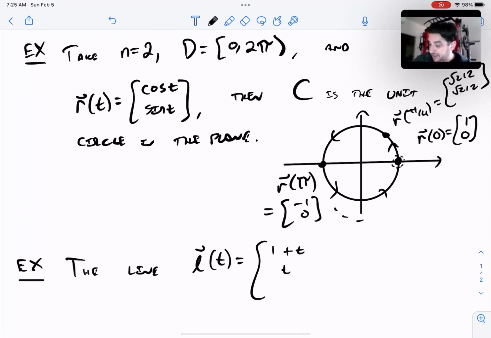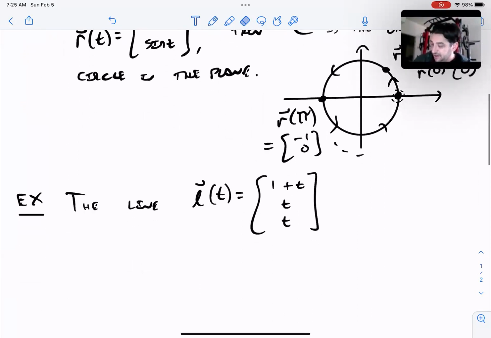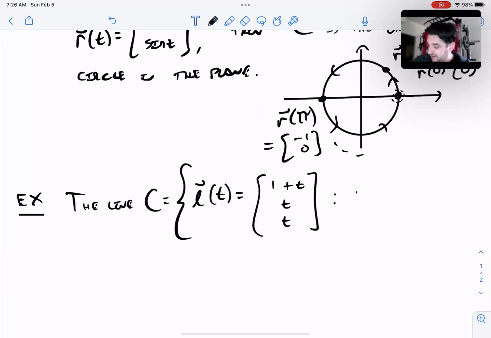So if you take a line in 3 dimensions, this is a perfectly good parametric curve.